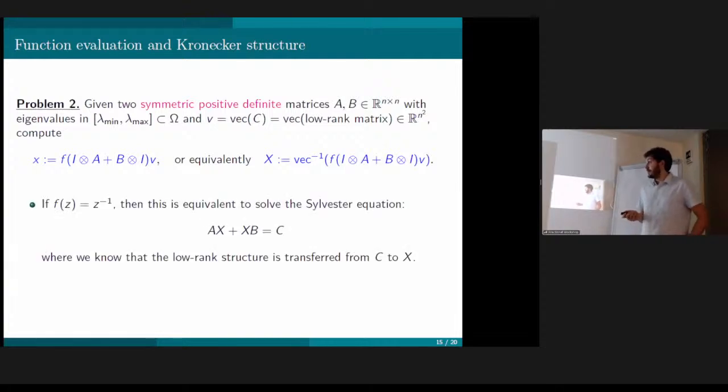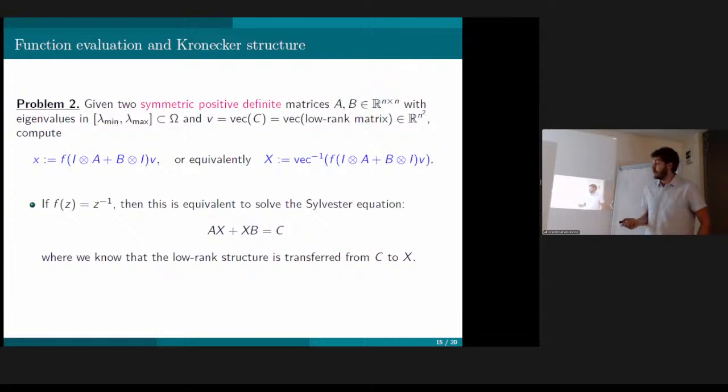And this was kind of interesting because coming from linear algebra, we know that when the function is z to the -1, well, this problem corresponds to solving a Sylvester equation, which is an important problem in control theory. And it is known that whenever C is low rank, then this property is also verified on the solution, at least numerically.